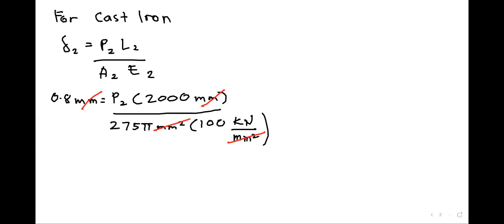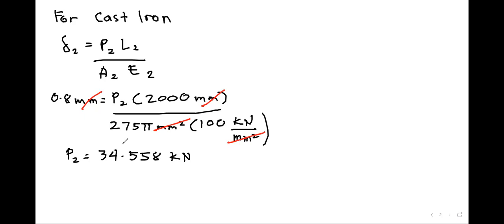So, 0.8 equals to applied load... so we have P2 is equals to 34.558 kilo Newton. Okay? So technically hindi yun yung final answer.